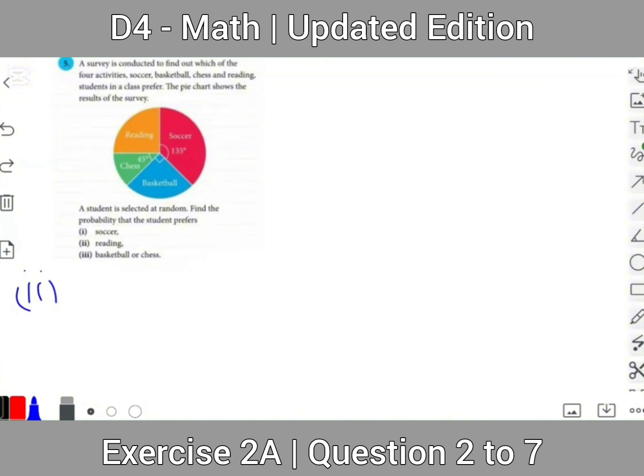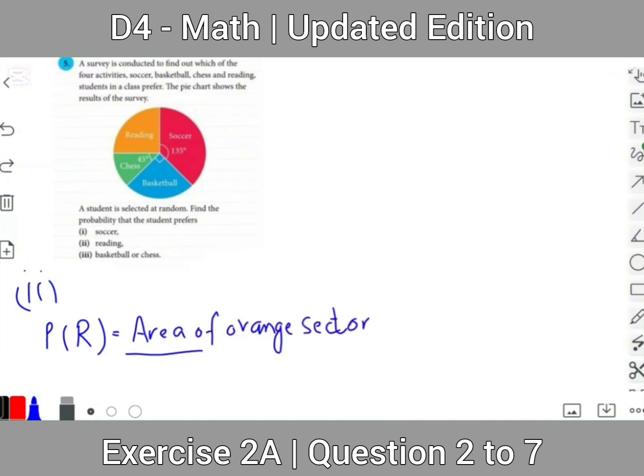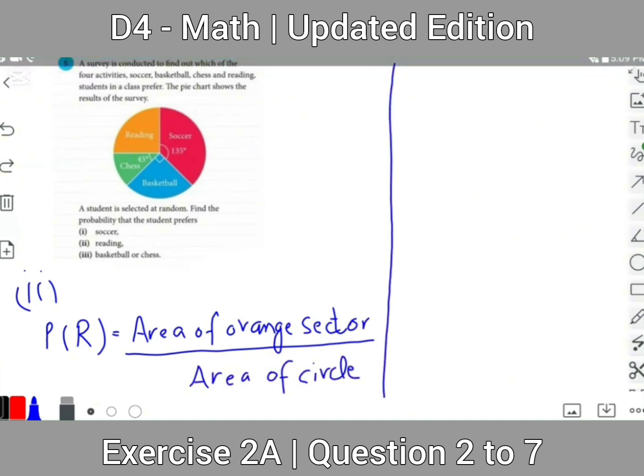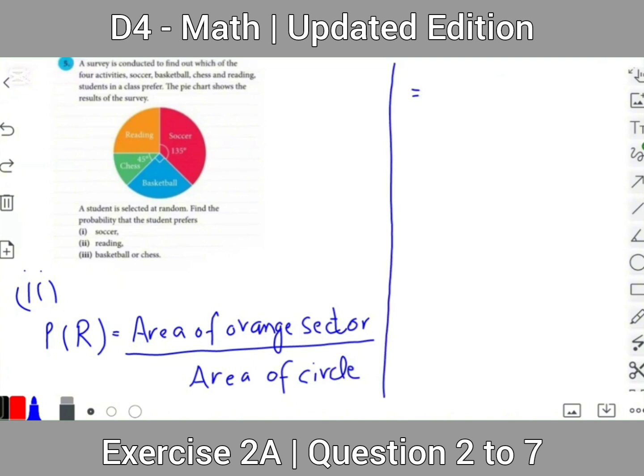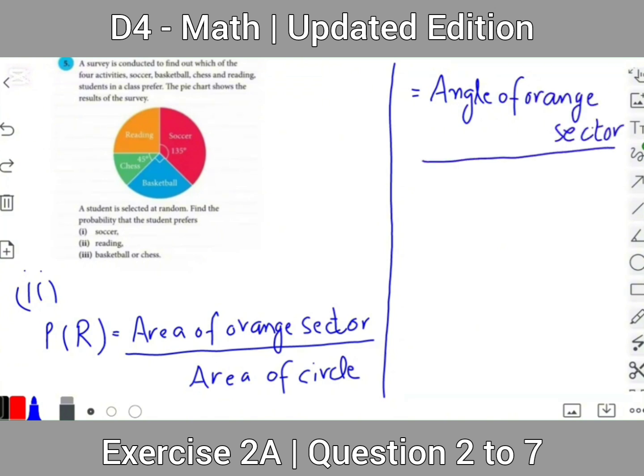So the probability that the student prefers reading will be equal to the area of the orange sector divided by the area of the circle, and that will be equal to the angle of the orange sector over the angle of the circle.